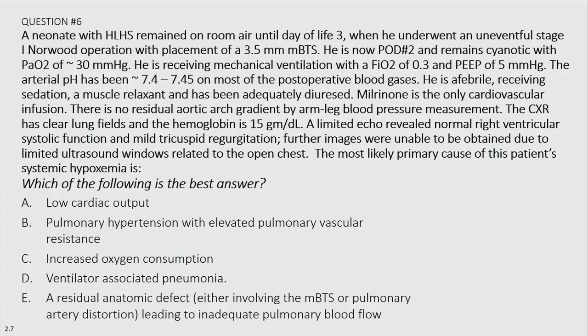The most likely primary cause of this patient's systemic hypoxemia is: A, low cardiac output; B, pulmonary hypertension with elevated pulmonary vascular resistance; C, increased oxygen consumption; D, ventilator-associated pneumonia; E, a residual anatomic defect either involving the BT shunt or pulmonary artery leading to inadequate pulmonary blood flow. Please choose your answer.